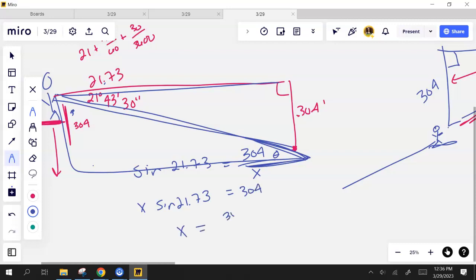So on your calculator, put 304 divided by sine 21.73. 821. That's tomorrow.